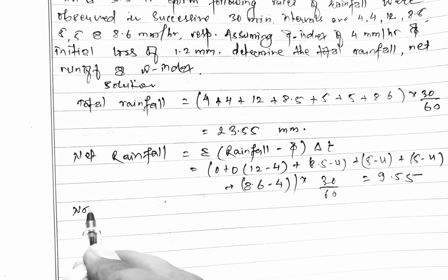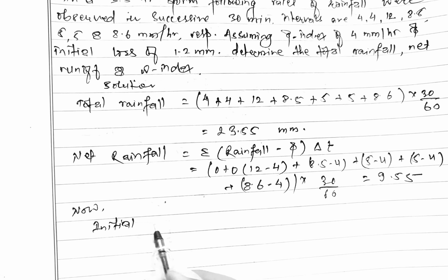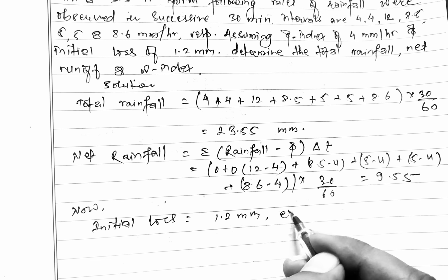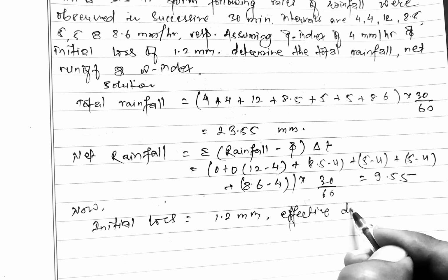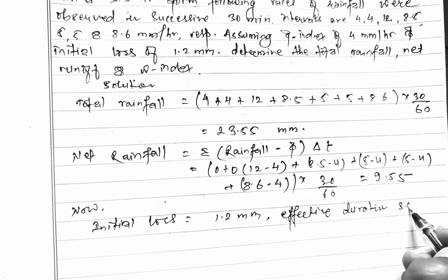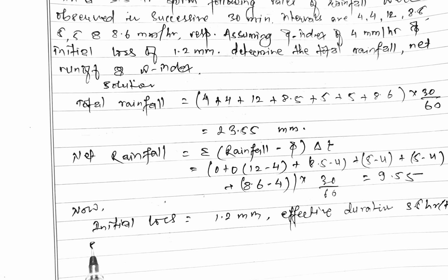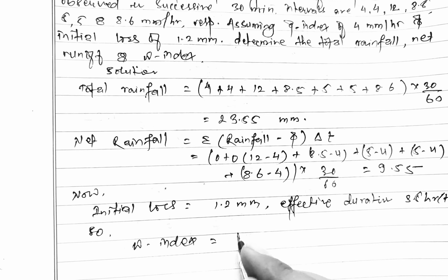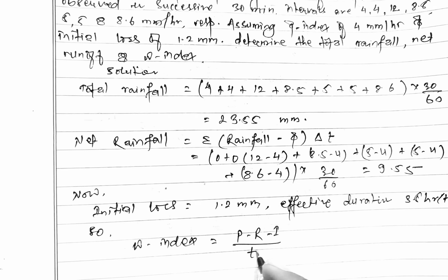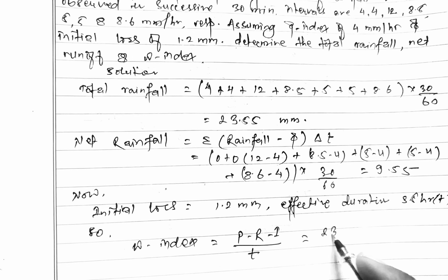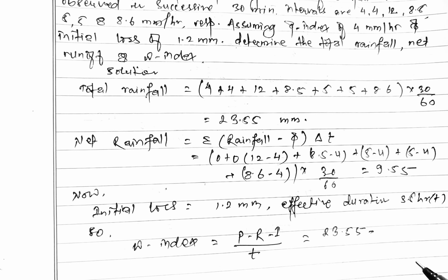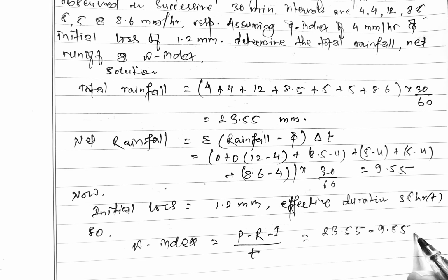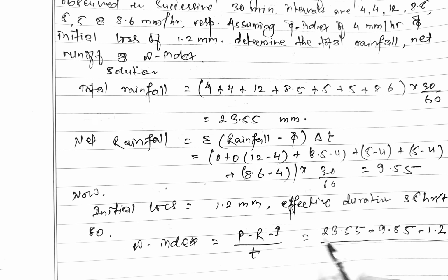Now initial loss equals 1.2 mm at effective duration 3.5 hour, that is T. So W index equals (P minus R minus I) divided by T, where P means the total rainfall 23.55, R means the net rainfall 9.55, and I means initial loss 1.2, divided by the value of T given as 3.5.